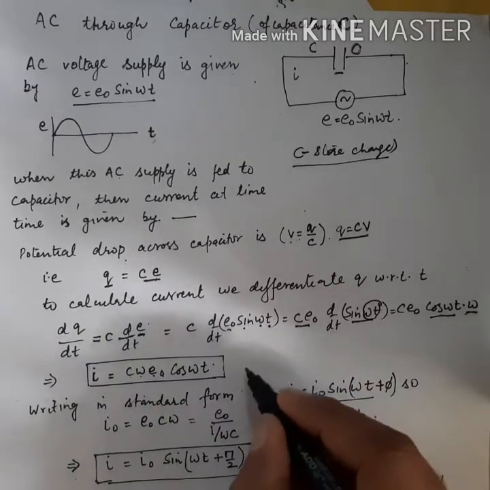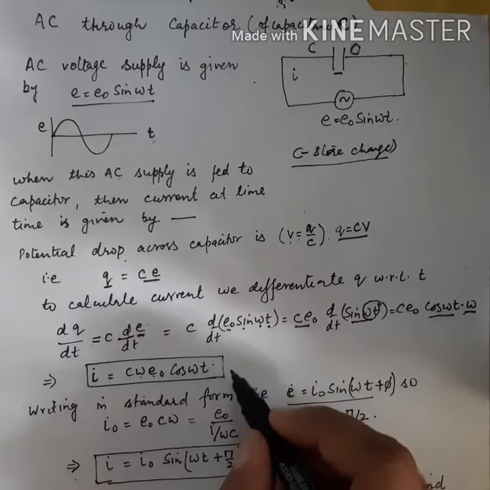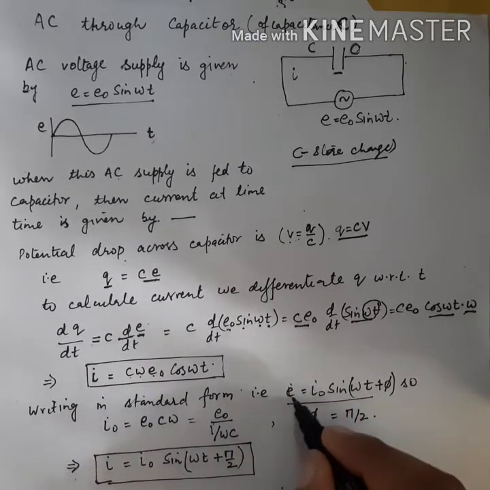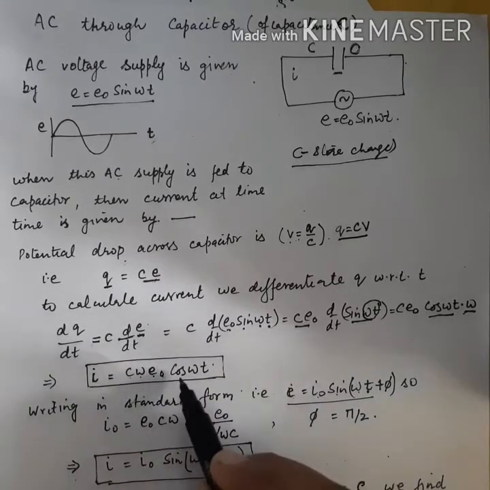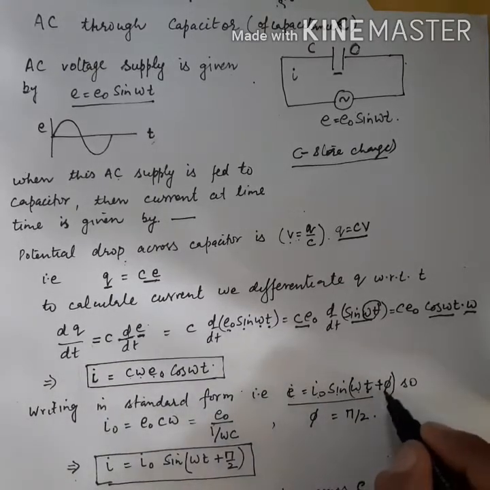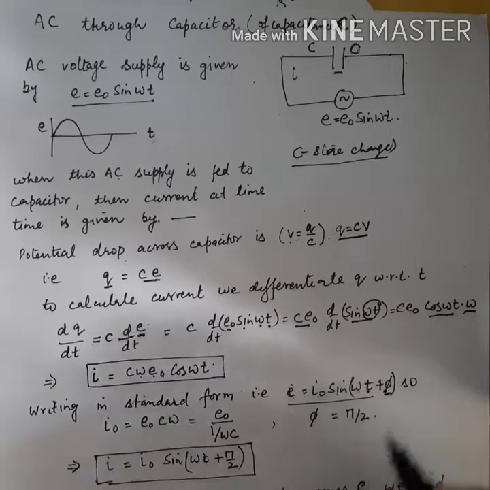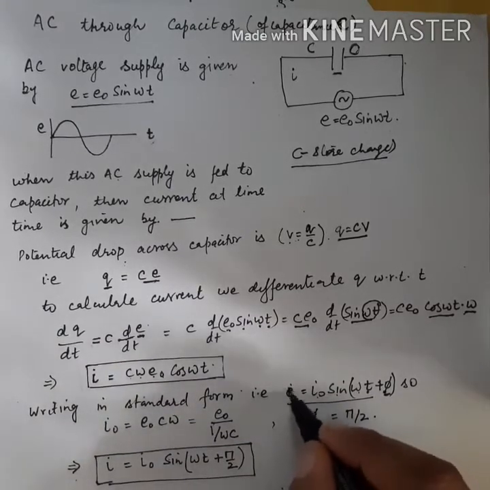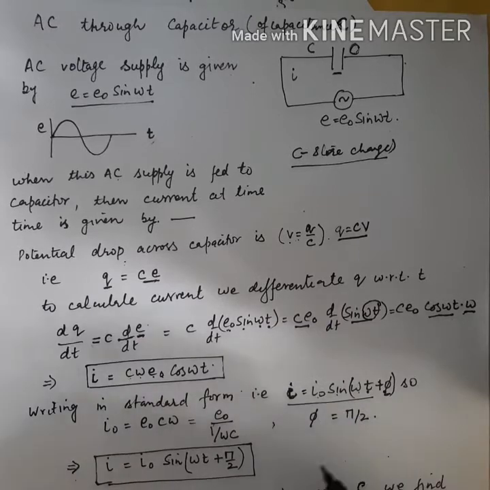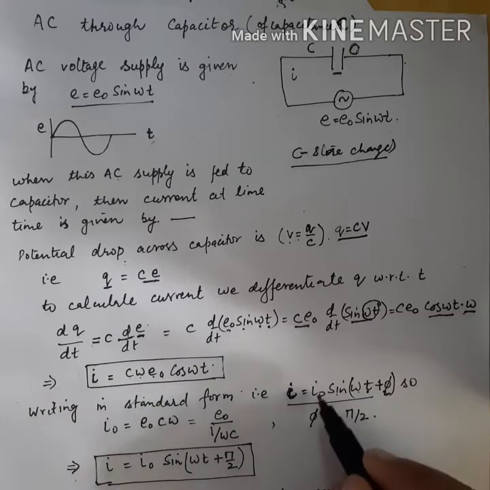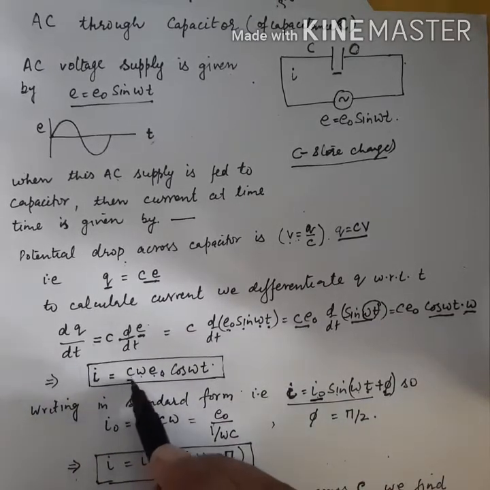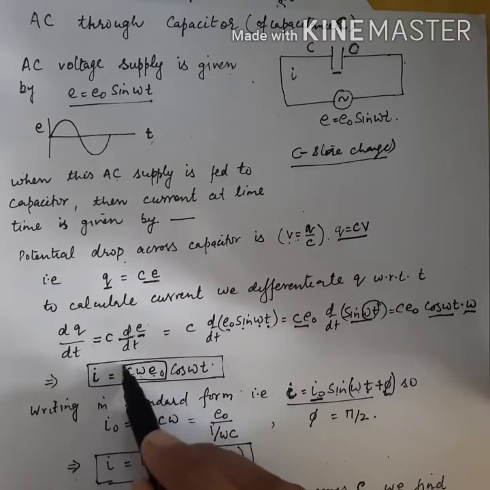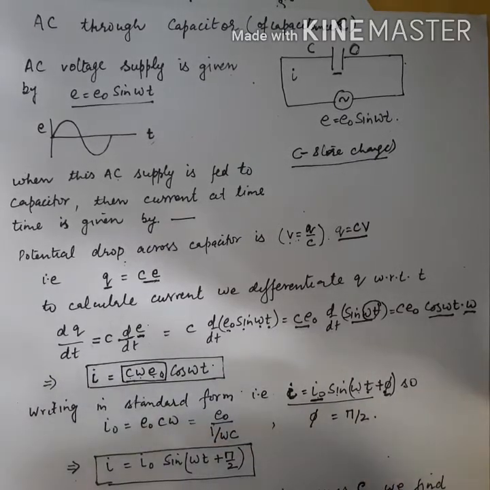Now, if I write it in the standard form, that is I = I0 sin(ωt), since it is not a sine, I write here with plus φ. So writing this current equation in standard form and comparing both these equations, you find that the peak value of the current is represented by this part of the equation.